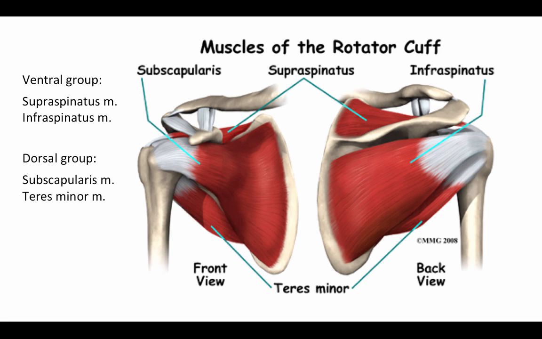So complex evolutionary history, making some of these a little bit complicated to figure out just intuitively. And then there's the teres minor, which is a relatively large muscle in the humans, but you probably saw it as a very small muscle in your cat, also derived from the dorsal group.